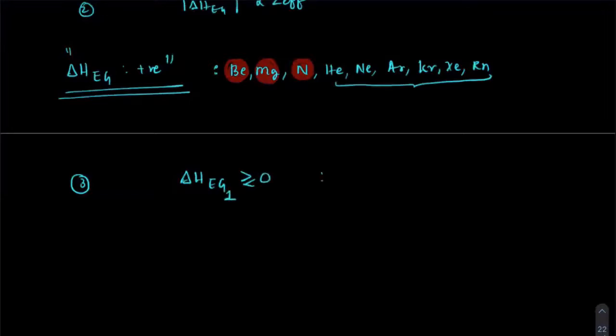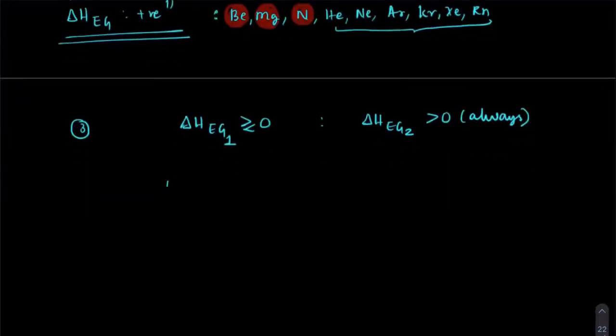This is the first electron gain enthalpy. If delta H electron gain enthalpy is the second, it will always be positive, irrespective of whatever element it is. For instance, oxygen plus 1 electron gives O minus. Delta H electron gain enthalpy is negative. O minus plus 1 more electron gives O2 minus.